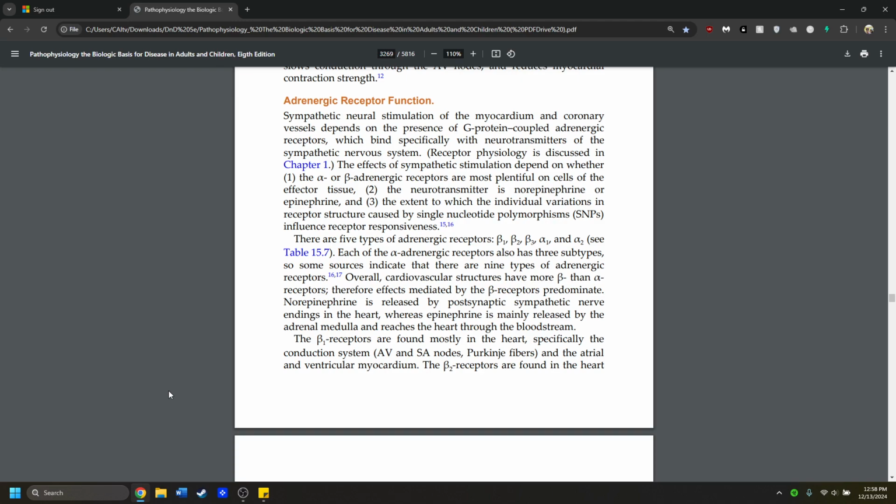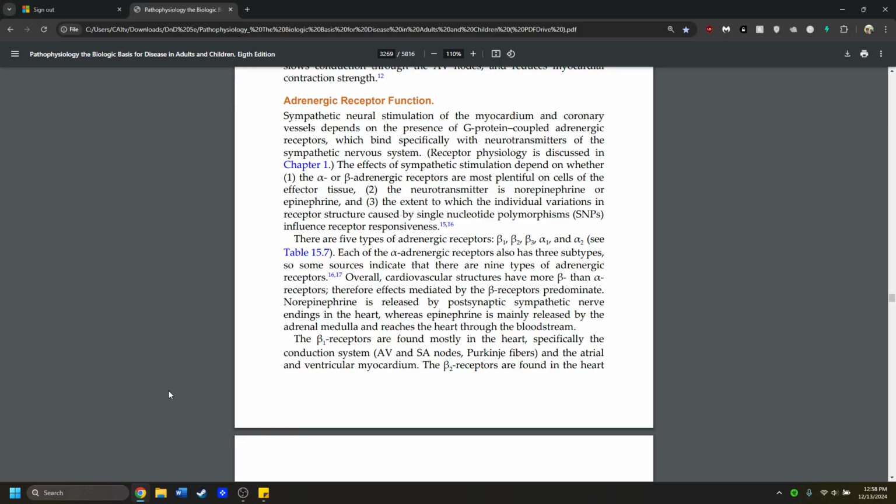The effects of sympathetic stimulation depend on whether: 1. the alpha or beta adrenergic receptors are most plentiful on cells of the effector tissue; 2. the neurotransmitter is norepinephrine or epinephrine; and 3. the extent to which the individual's variation in receptor structure caused by single nucleotide polymorphisms, or SNPs, influences receptor responsiveness.